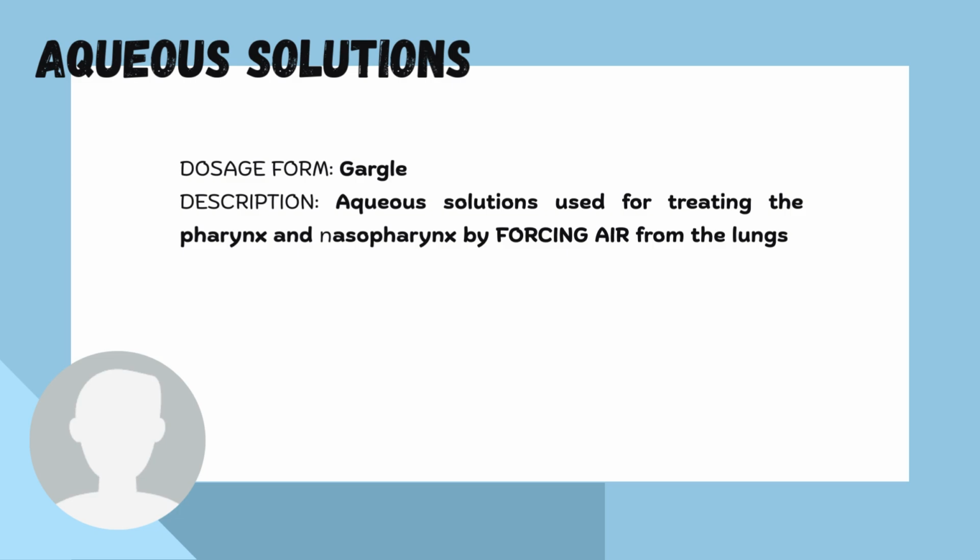The air from your lungs helps the liquid reach deeper areas, maunang effective siya for sore throat or mouth infections. And its uses: it relieves soreness or irritation in the throat, reduces inflammation, acts as an antiseptic or disinfectant. Like, let's say for example, povidone iodine gargle or the salt water gargle.